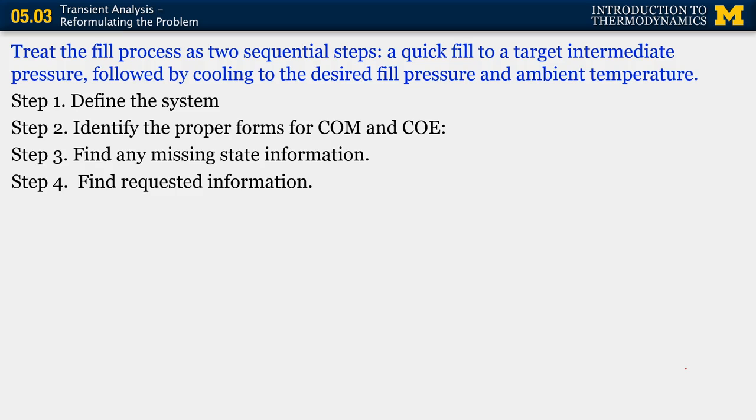All right, so we're going to put it all together here. We have M1, so the initial and final masses during the fill process. So that's M2 minus M1 equals M in. We have M2.